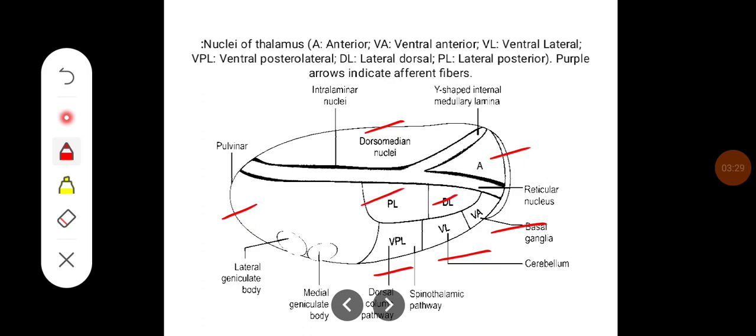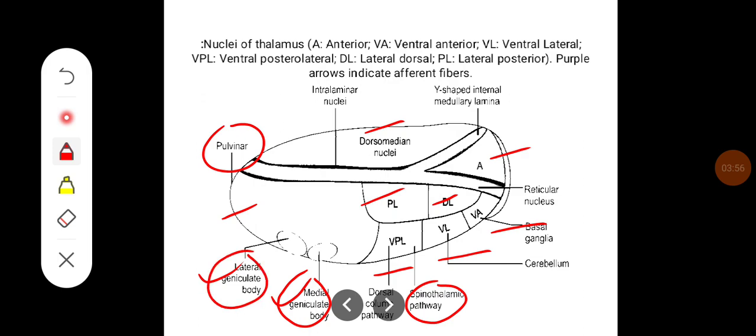Then you have pulvinar nucleus, and lateral geniculate and medial geniculate bodies. This also shows their functional aspects. That is, these nuclei are connected to spinothalamic pathway and VPL to the dorsal column pathway. Medial geniculate body is for audition, and lateral geniculate body is associated with vision.